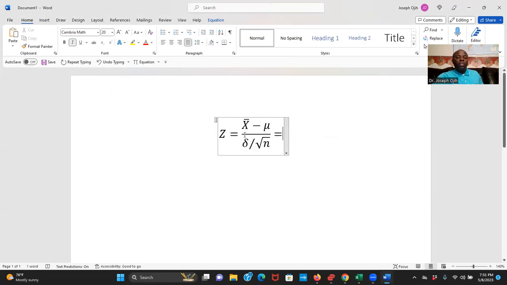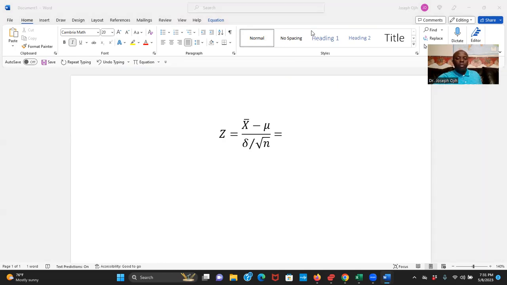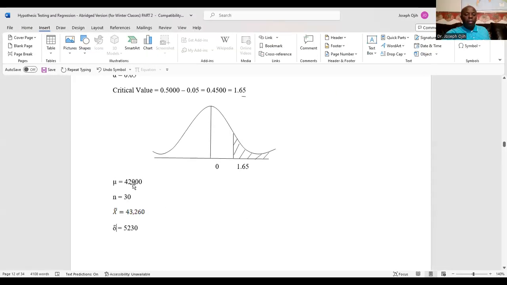So I have written all the values for this. You can see them from our main workbook. You see the values for mu, n, sample mean, standard deviation. So we just plug them into the formula. Let me write them down and plug them in, and then we can get our test statistic. After that, we can compare to decide whether to reject or not reject.